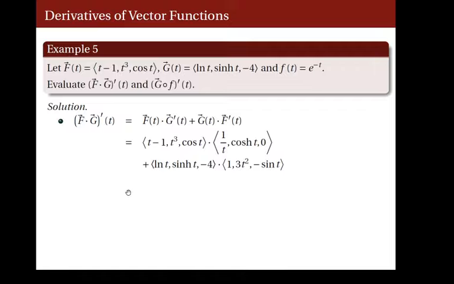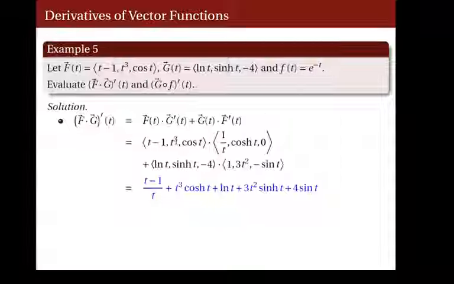Now we compute the dot products. We get t minus 1 divided by t, and t cubed times cos of t. Cosine of t times 0 gives 0.